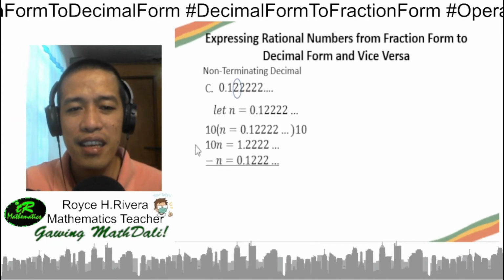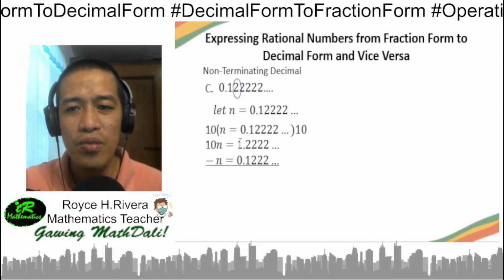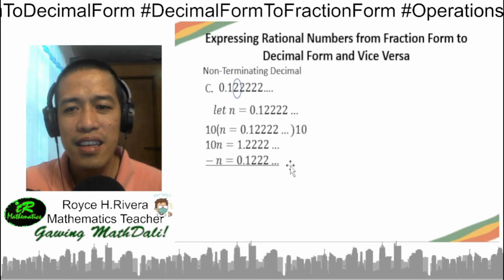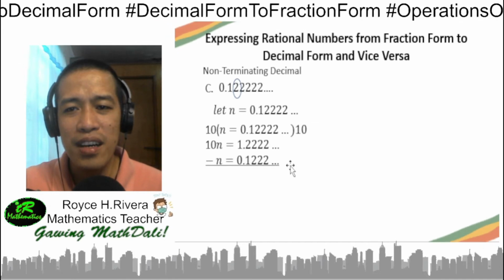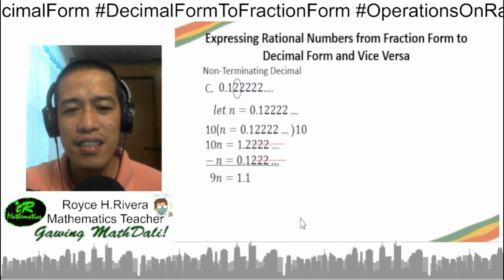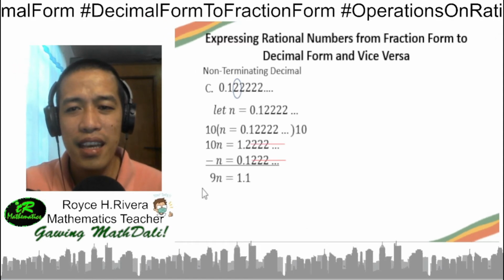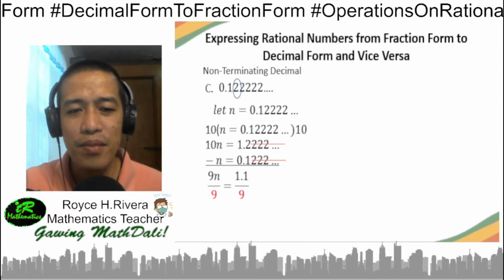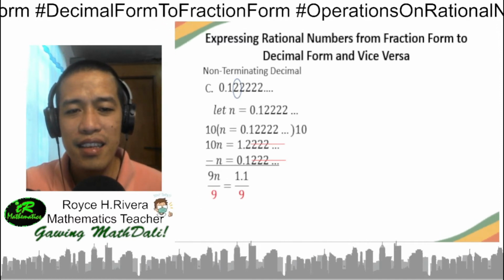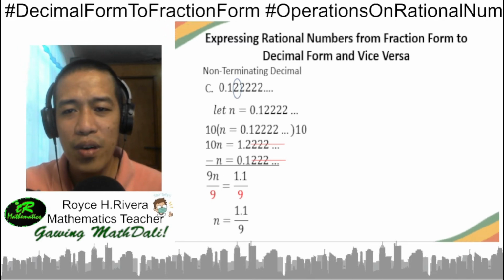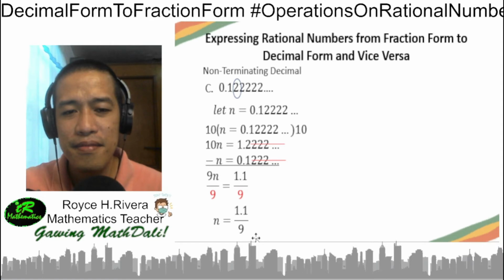We have 10n equals 1.2222 minus n equals 0.1222. The difference, we will have 9n is equal to 1.1. Dividing both sides by 9, we will obtain n is equal to 1.1 over 9.